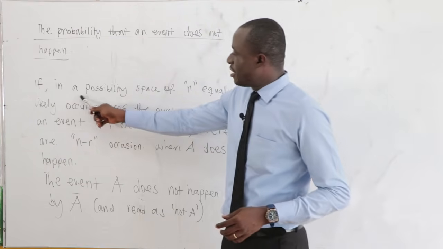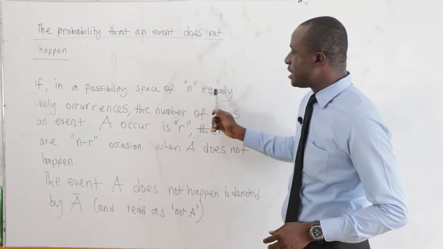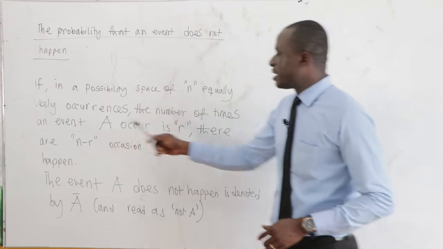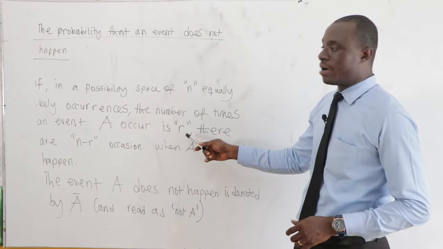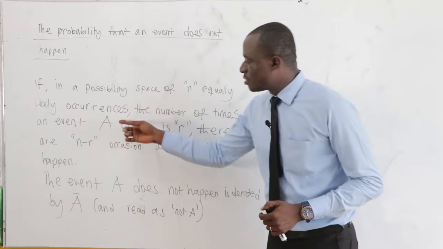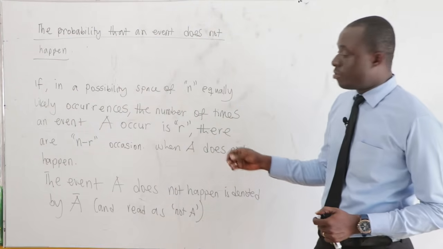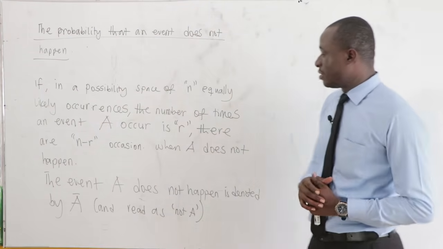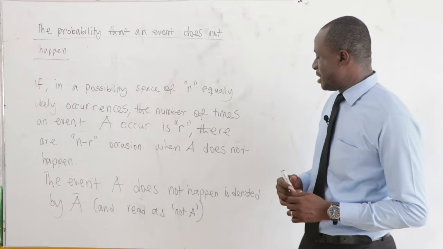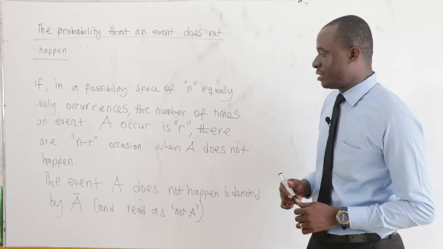Now let's look at the probability that an event does not happen. If in the possibility space of n equally likely occurrences, the number of times an event A occurs is R, so the possibility space is n and A is occurring R times. Remember, this R is out of the n. Then there are n minus R occasions when A does not happen.